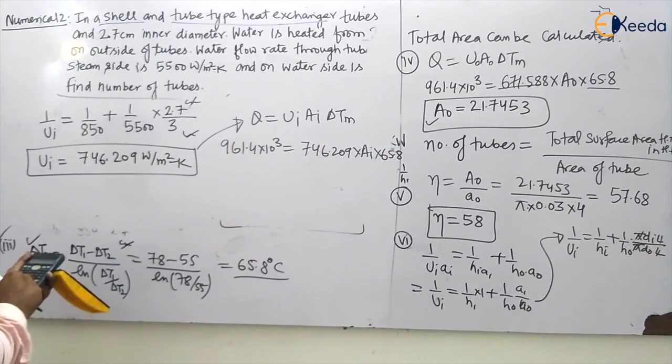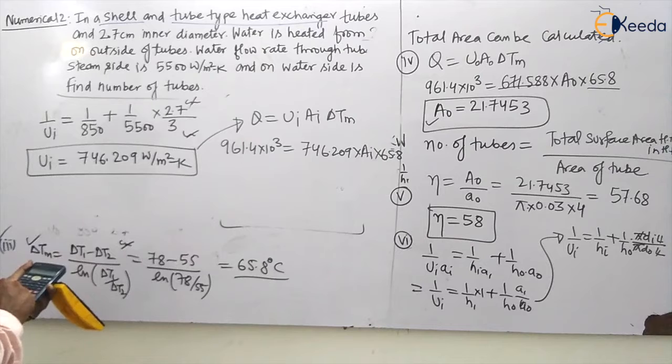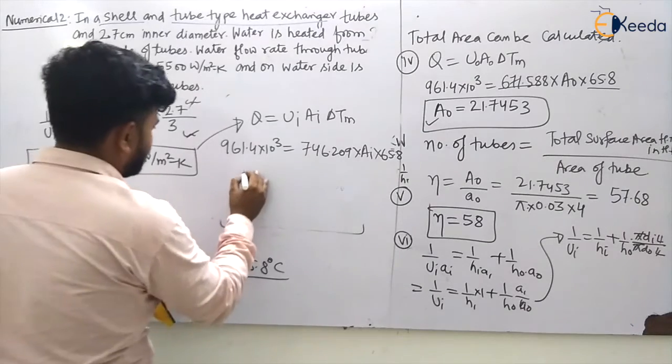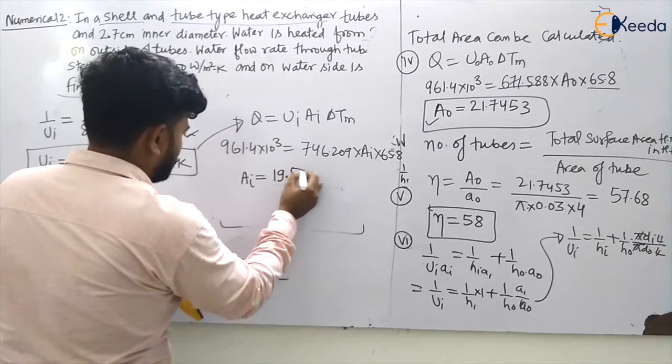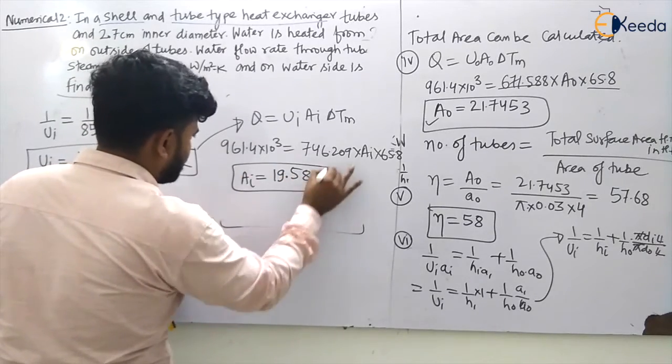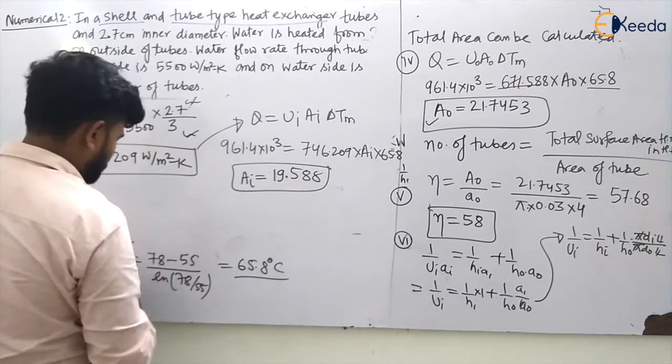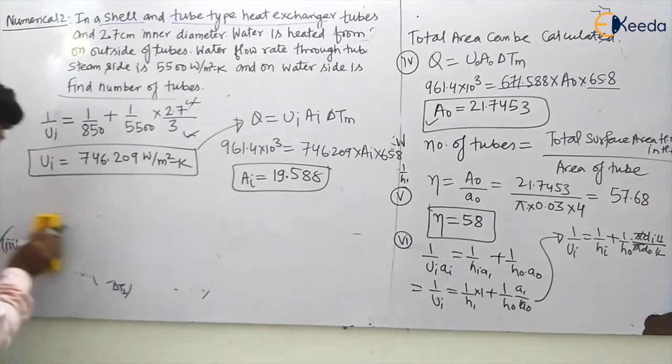So let us calculate the values. 961.4 into 1000 divided by this. So we will be having the area equal to, that is Ai, inner area of the heat transfer. Overall area for the heat transfer will be Ai will be this, and number of tubes, you know, my dear students, will be given by what?